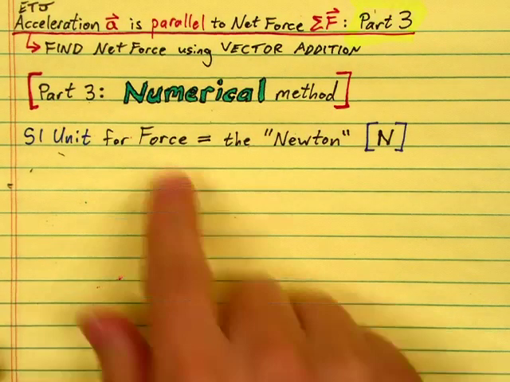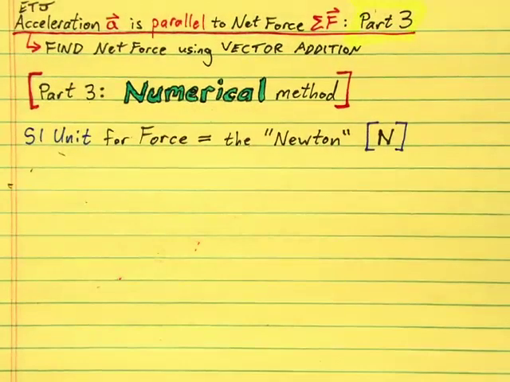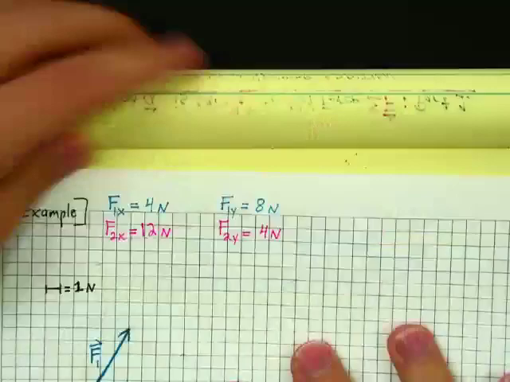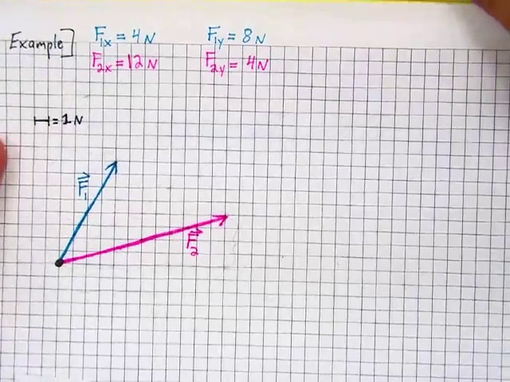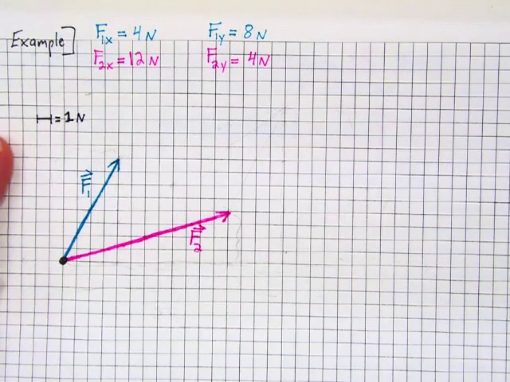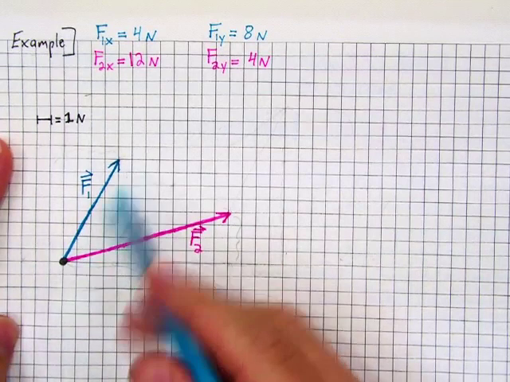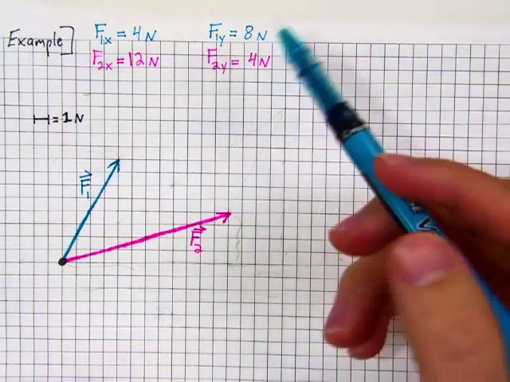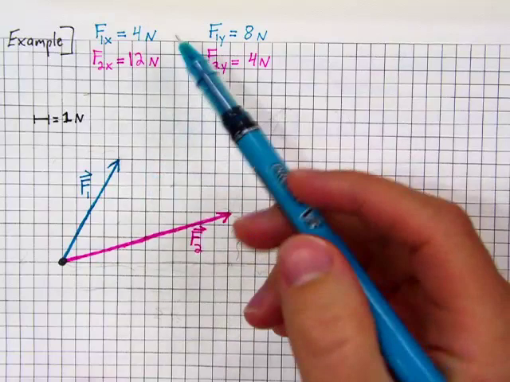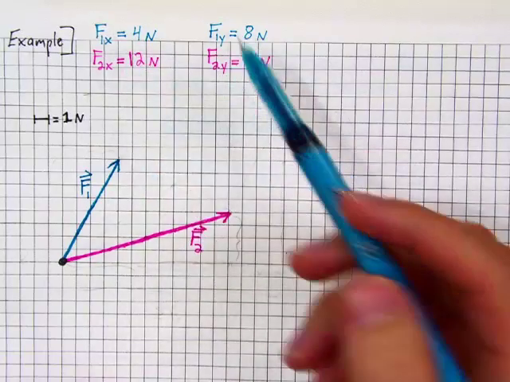So, an example of how to add vectors numerically. Here's a free body diagram for some object with two forces acting on it at the moment. And I'm giving you the values of the components of these two forces.